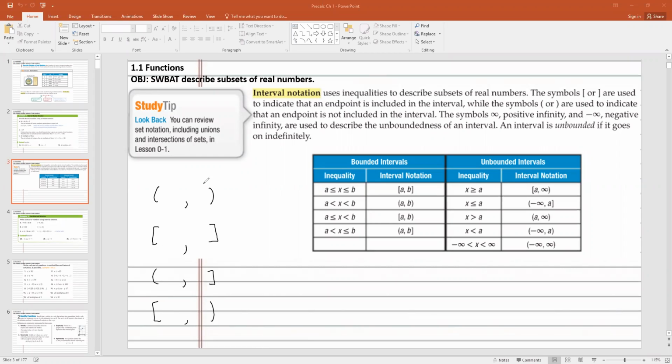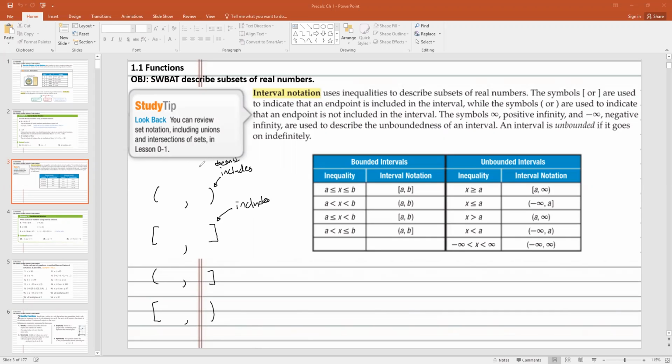The rounded parentheses means it doesn't include the number, and the bracket means it includes that number, or equal to, basically.